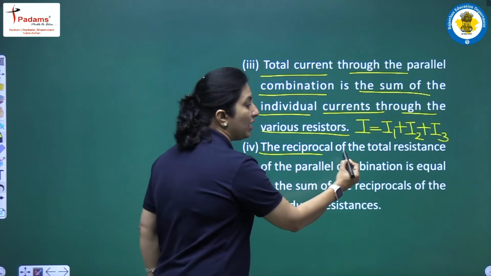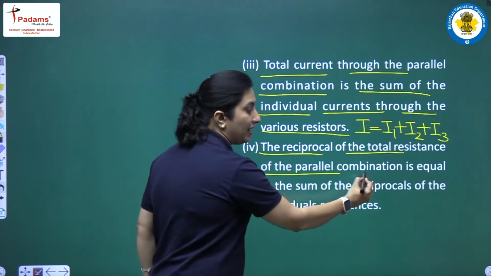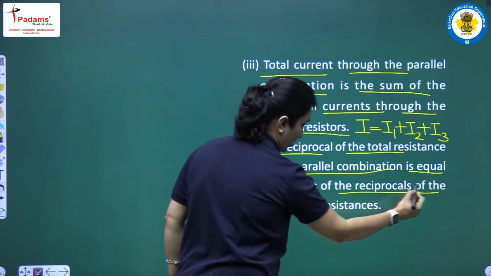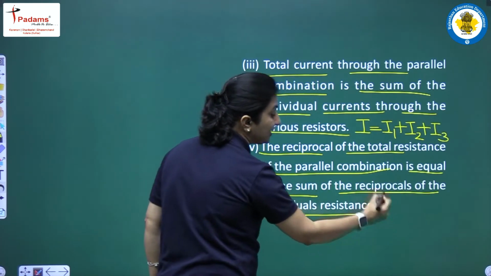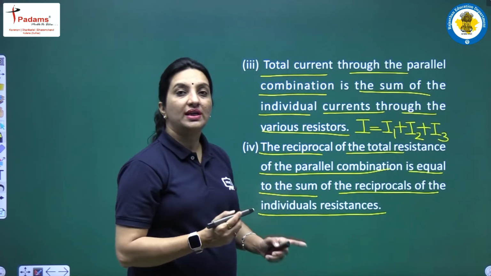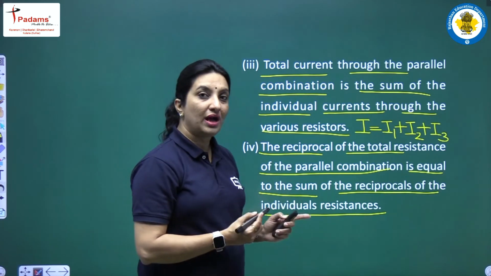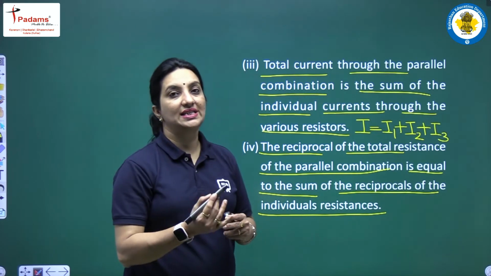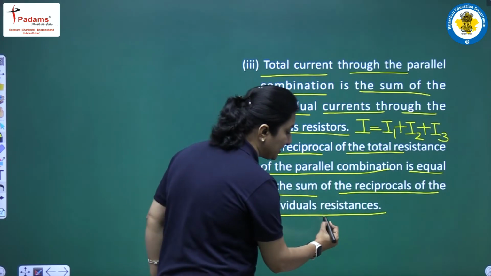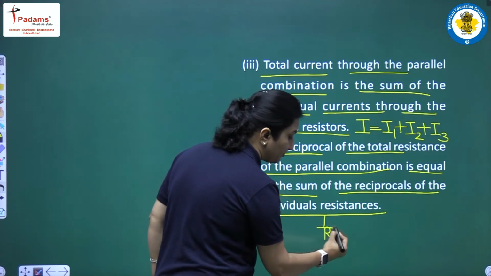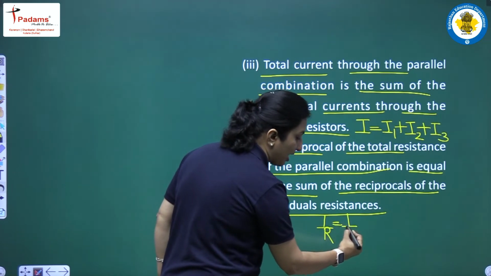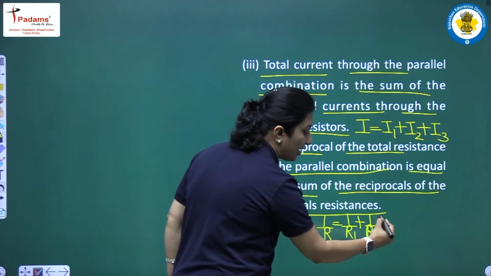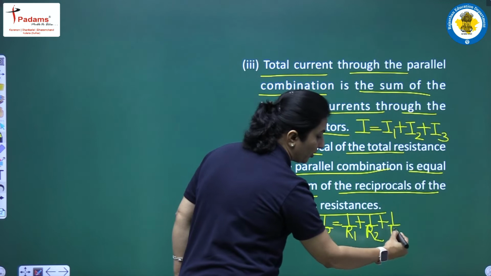The reciprocal of the total resistance of the parallel combination is equal to the sum of the reciprocals of the individual resistances. So here we have given a formula for the equivalent resistance of resistors connected in parallel, and the formula is 1 upon R is equal to 1 upon R1 plus 1 upon R2 plus 1 upon R3 and so on.